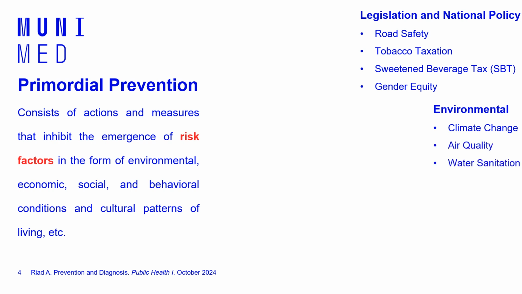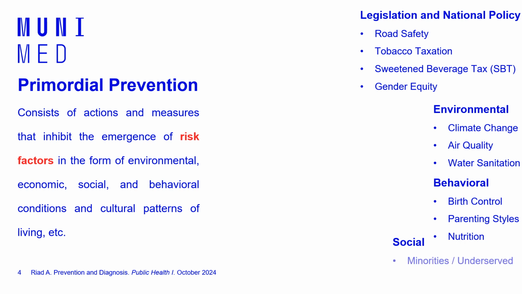The same for air quality, the same for water sanitation, and then we have behavioral risk factors that we can try to influence through policies like birth control, parenting styles, and nutrition as well. Then social risk factors and socially disadvantaged groups like minorities and underserved groups.